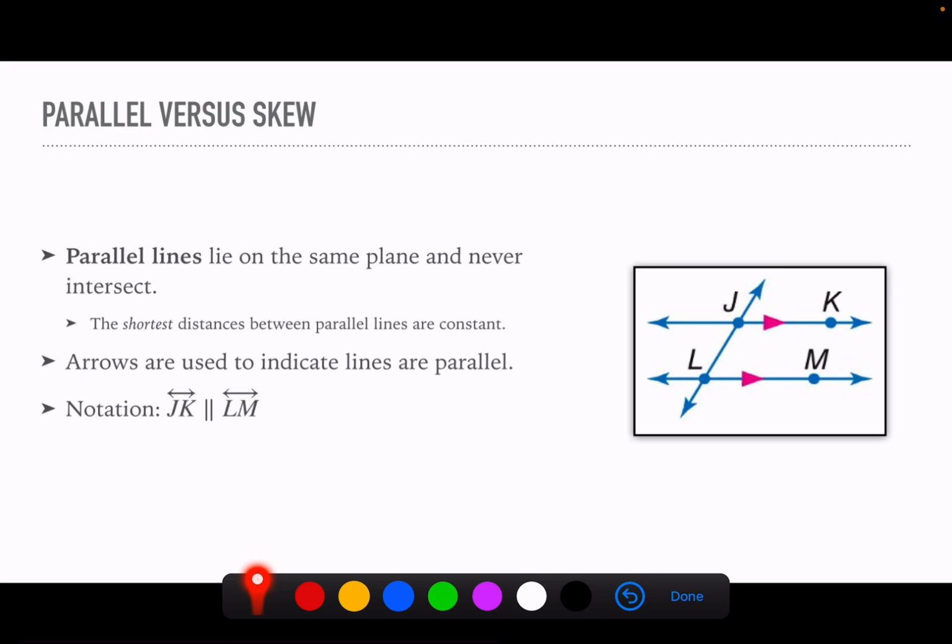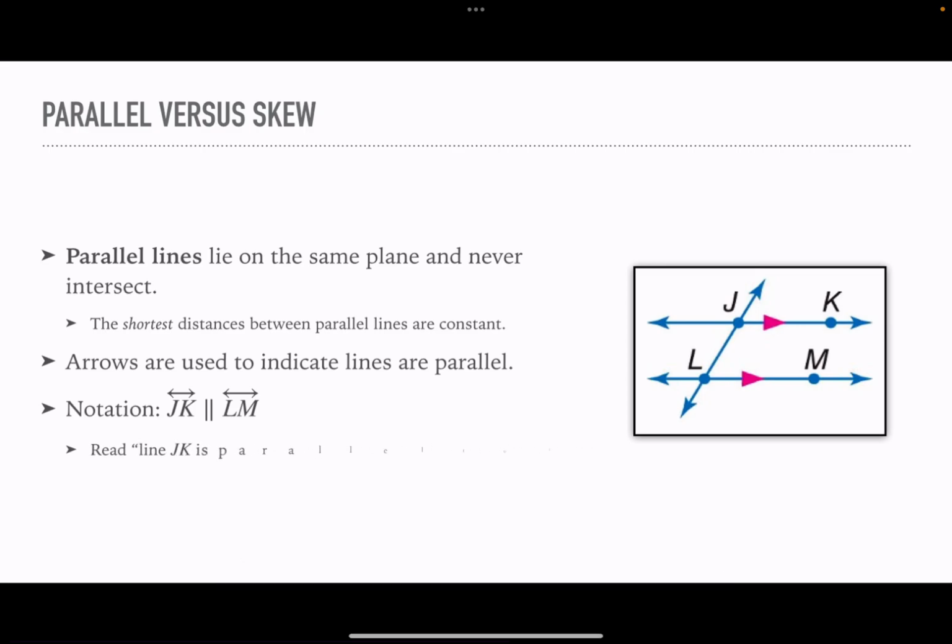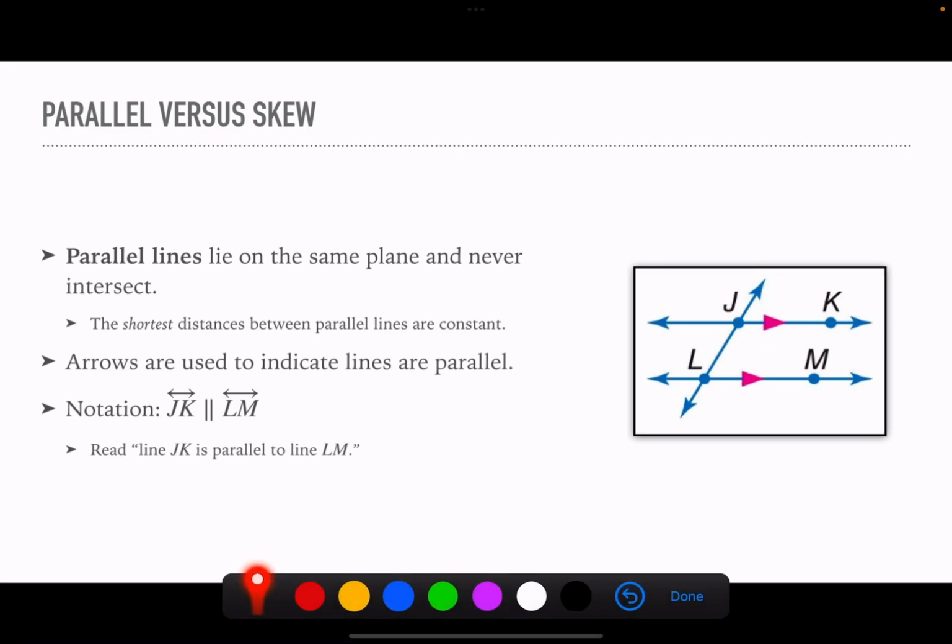The notation we can see is this little parallel symbol right here. So these two objects, line JK and line LM, are parallel with each other, and we read this as line JK is parallel to line LM.